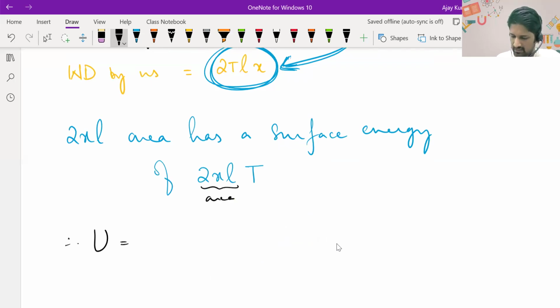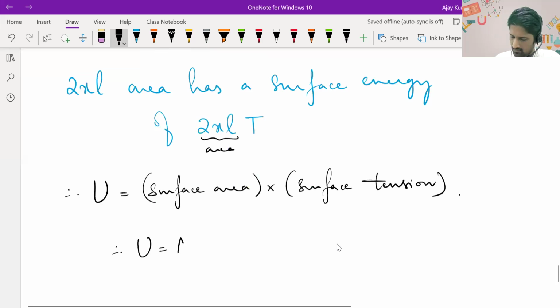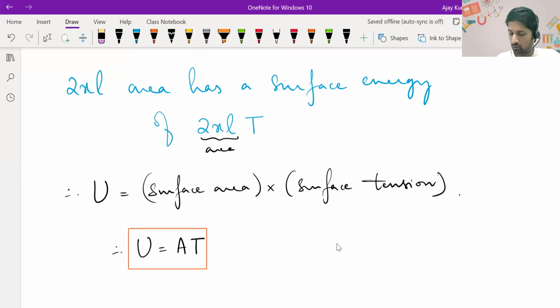So surface energy is just surface area multiplied with surface tension. U is equal to AT. Simple. And this proves the fact that the total surface energy of a liquid depends on its area and the intermolecular attraction between its molecules, which is given by surface tension.